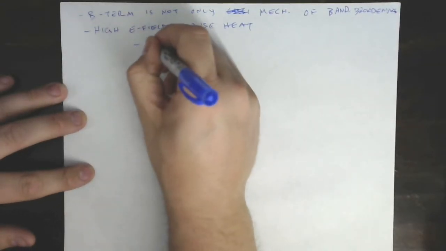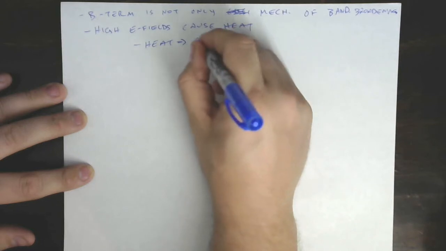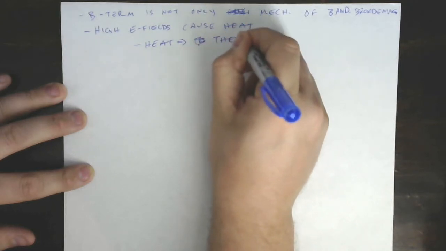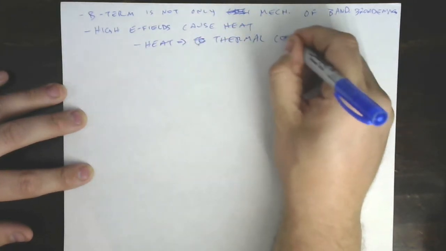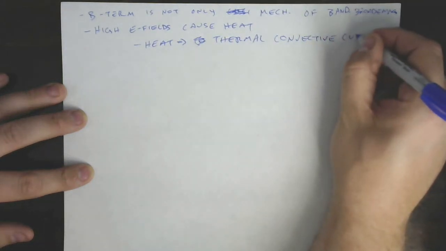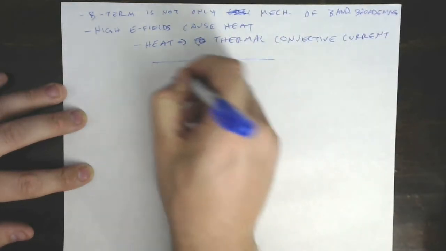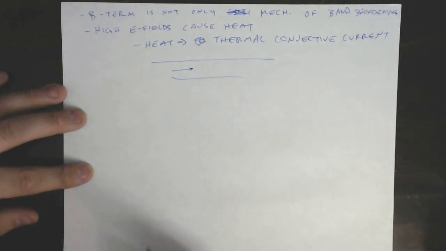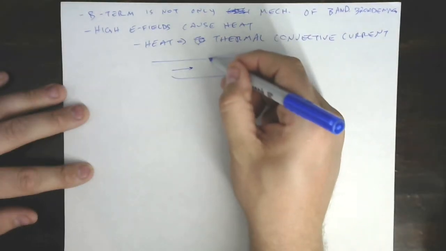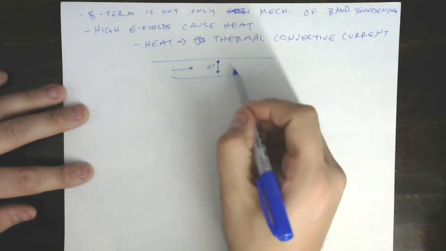So heat will produce what we'll call thermal convective currents. That is the actual, so if we picture flow going down a capillary, if we have like a delta T, a distribution of temperatures across like this, what we actually get are different viscosities.